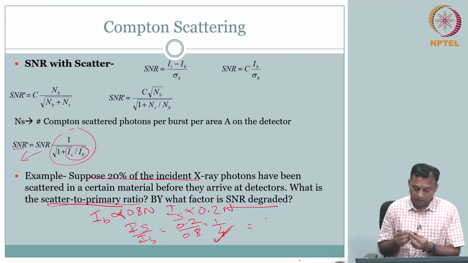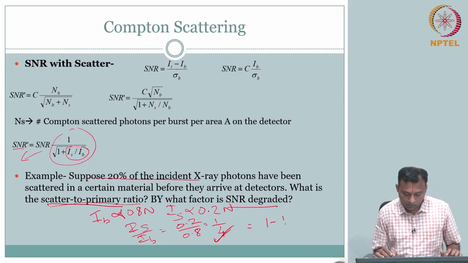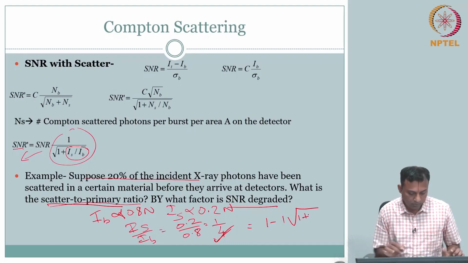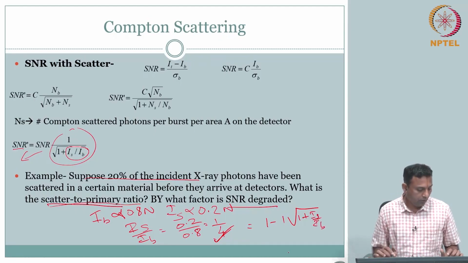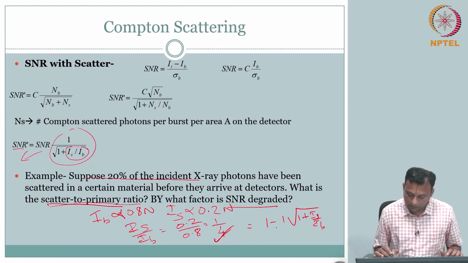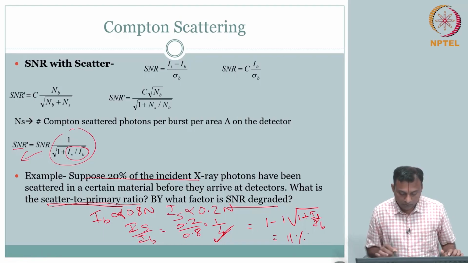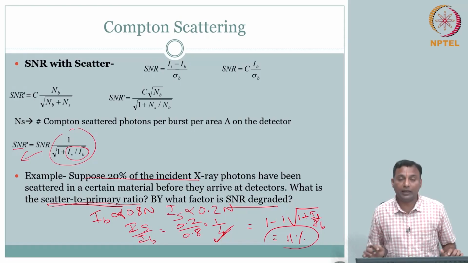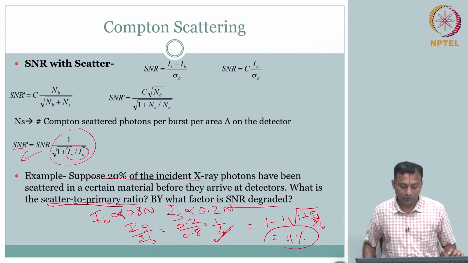So, you are going to have 1 minus 1 by square root of 1 plus 1 by 4, that is, IS by IB. So, this turns out to be about 11%. So, by what factor is this degraded? If this is 11% loss, it is reducing the SNR by 11% because of Compton scattering.